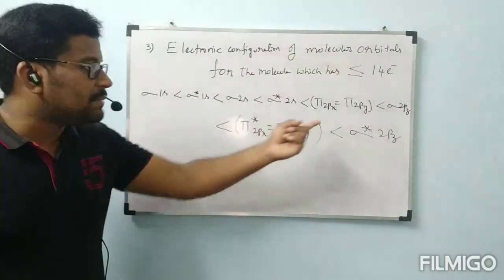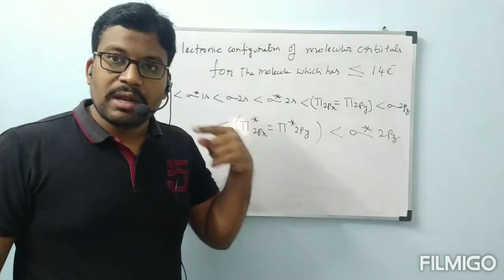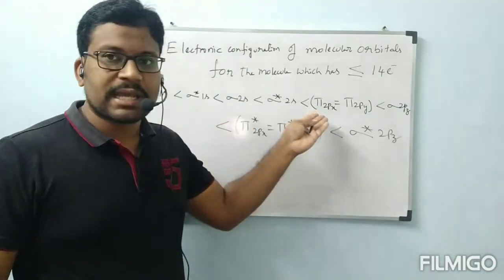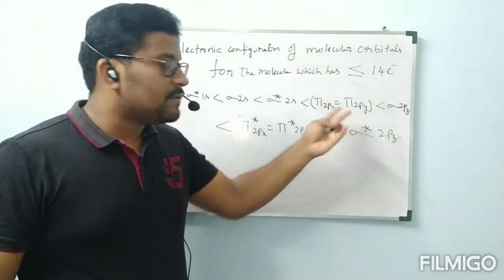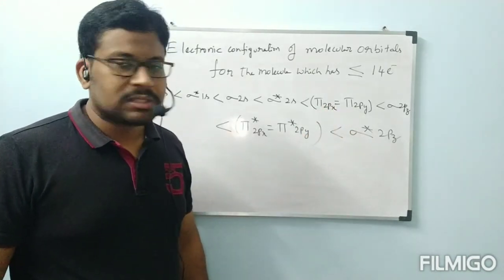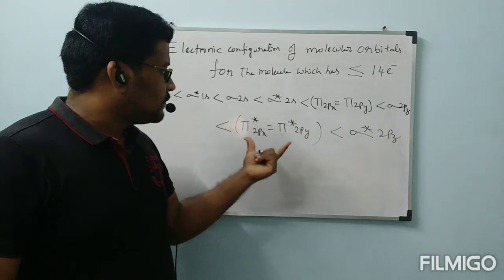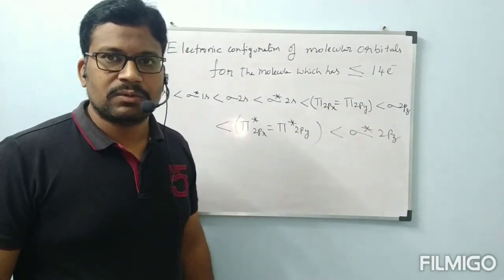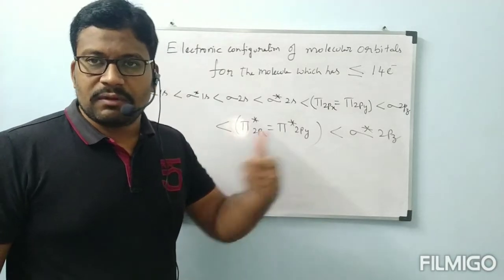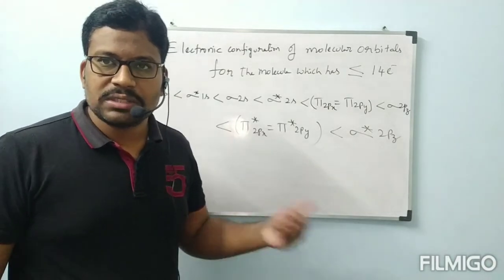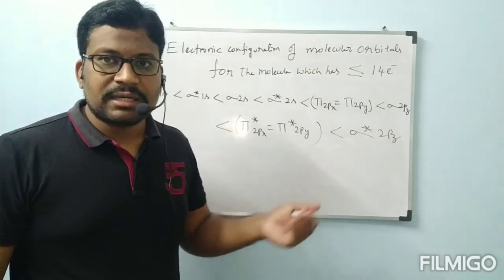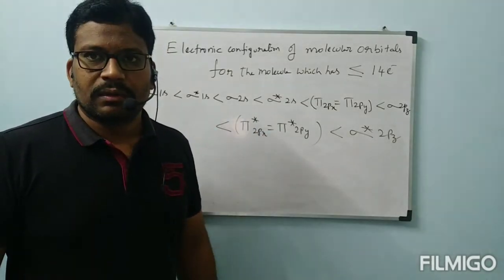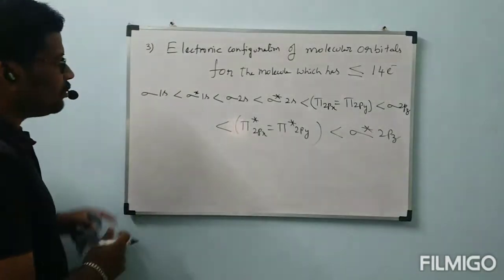Pi 2px can accommodate 2 electrons maximum, and pi 2py also will accommodate a maximum of 2 electrons. After that, sigma 2pz. If you have equal-energy orbitals, then Hund's rule comes into play. I will show that while writing different examples, N2 molecule, C2 molecule, like that. At that time you will be more clear. But before that, everyone must remember this configuration. Is it okay? Next, the fourth point.